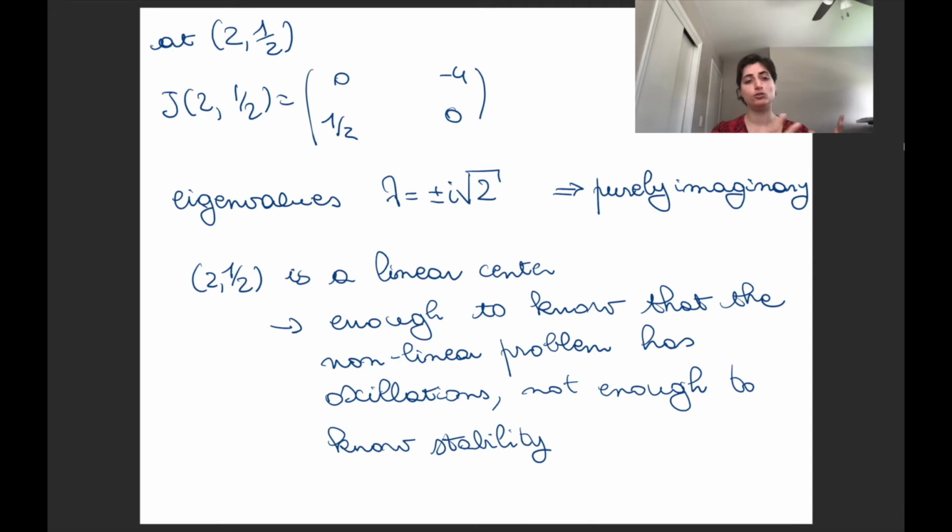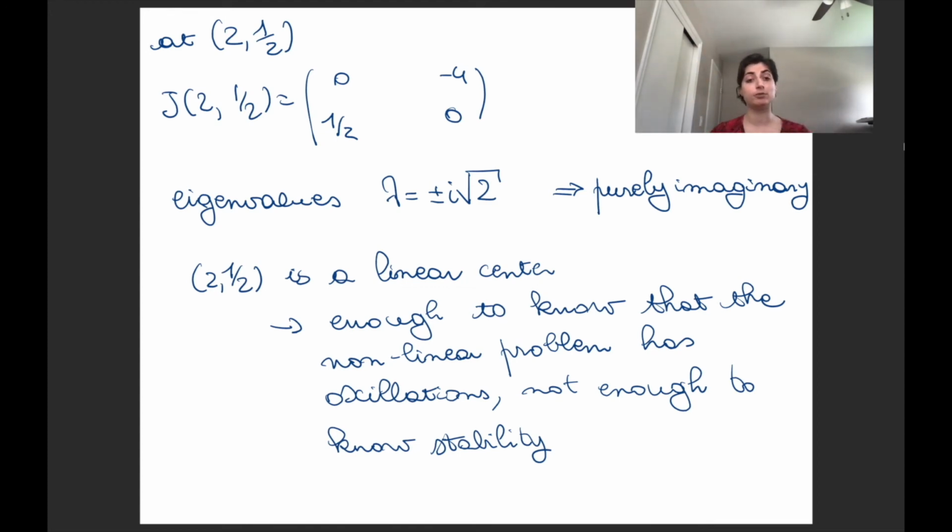So we know that 2, 1/2 is a linear center, but that is not enough to know that the nonlinear problem has a given stability. It's enough to say that the nonlinear problem has oscillations, so we are spiraling around it, but we don't know if we're spiraling towards it, away from it, or we actually are closing our circles back.